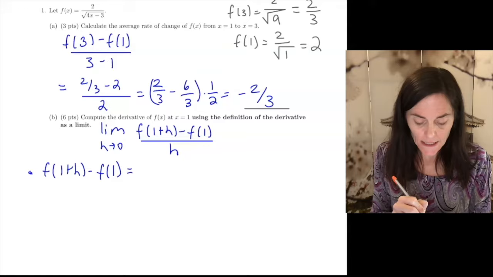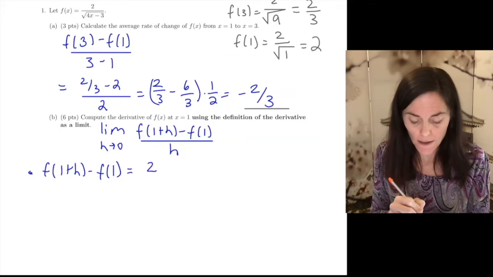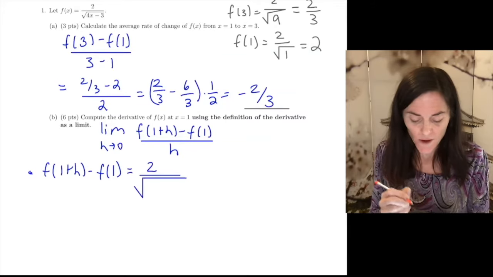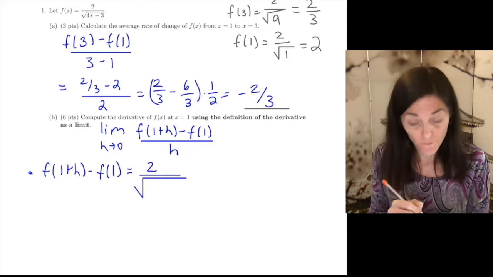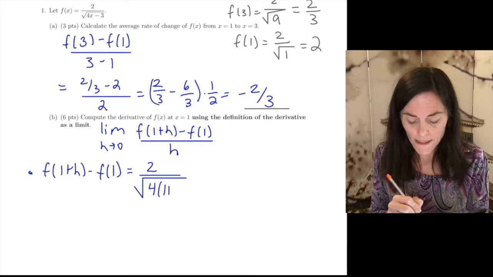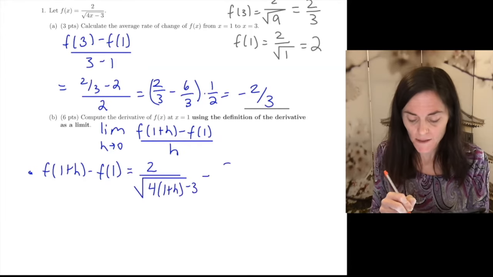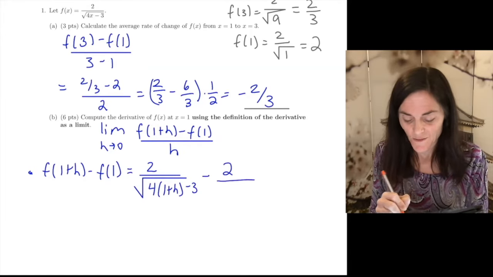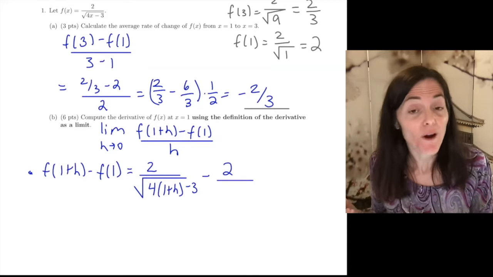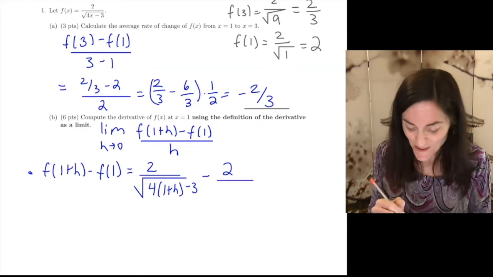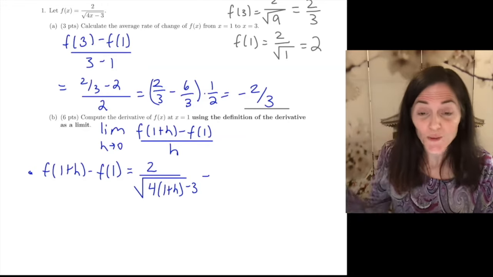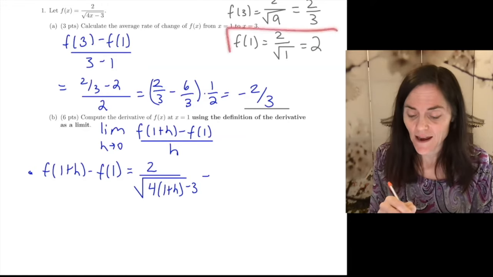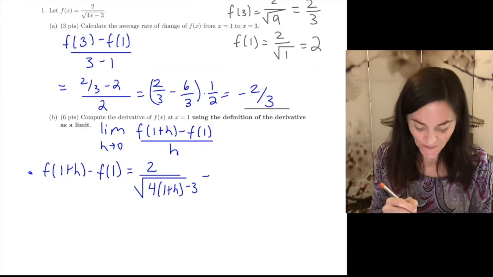Well, this is 2 divided by the square root of 4 times 1 plus h minus 3, and then minus 2. In fact, we've already calculated f of 1, so maybe I will just write that. We can use above here that f of 1 is 2.